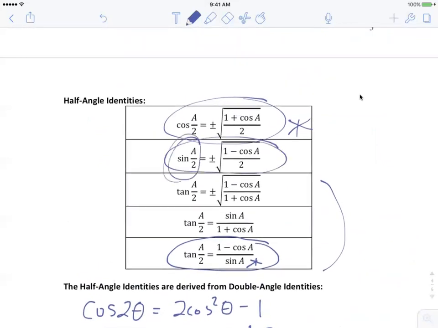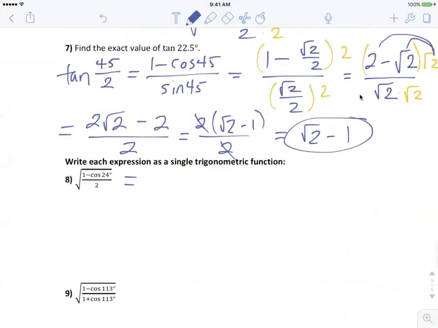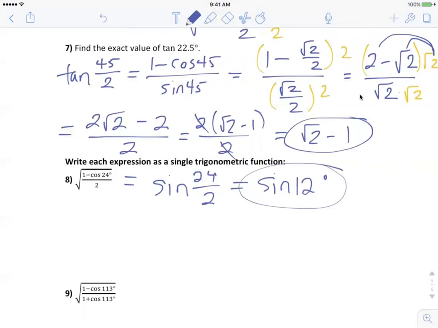So I'm going to write this version right there, identifying the A as the angle given. So I need to write this as sine of A divided by 2. So this is sine of 24 divided by 2, which is sine 12, and that's not on the unit circle, so I'm stopping. That's it for those.